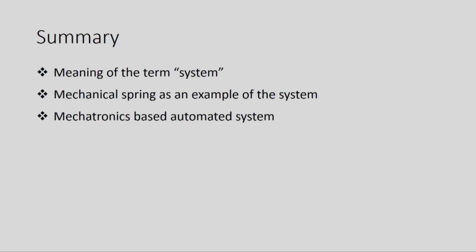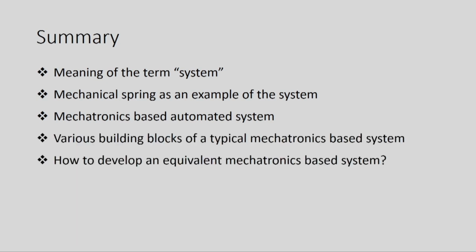Then we have seen what are the various elements of a typical mechatronics based system, various building blocks, and at the end we have seen how to develop an equivalent mechatronics based system. To understand the equivalent mechatronics based system, we have converted the concept of a typical mechanical spring into a hydraulic piston cylinder based arrangement.